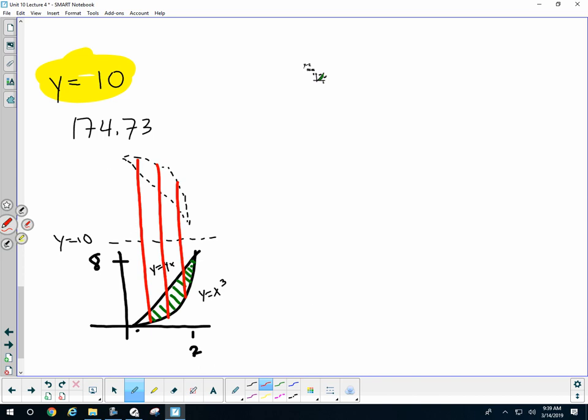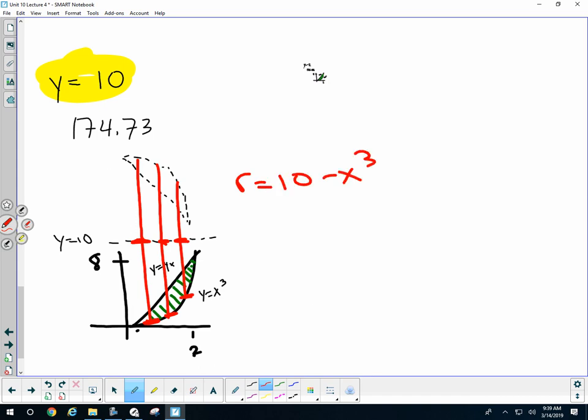It works out if you say it's x cubed minus 10, but for this radius, I'm going to use that as the top and the function that I know, because I actually don't know what this function is up here. It's some sort of reflection of x cubed, but I don't know the equation. I'm going to say the radius is 10 minus x cubed.